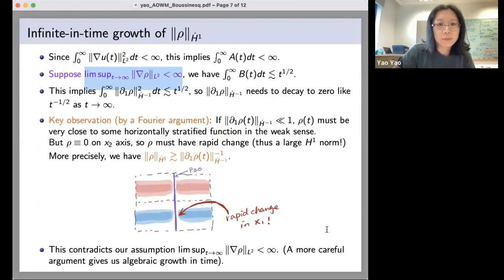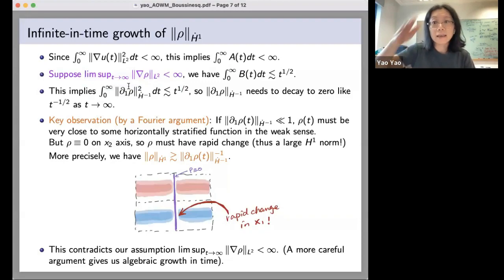Suppose this lim sup is less than infinity. We have obtained that the time integral of A is finite, the time integral of B is t to the 1/2, and therefore the time integral of the orange term has to be also bounded by t to the 1/2, which means that on average, this inside term needs to be decaying in some way, like t to the -1/2.